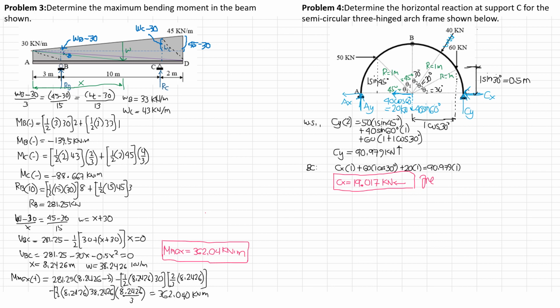Dividing the trapezoidal loading into this by black dashes, this one, divide the triangle. So the moment of the lower triangular loading is 1/2 of 3 times 30. This moment arm is 2/3 of 3, so 2 meters.